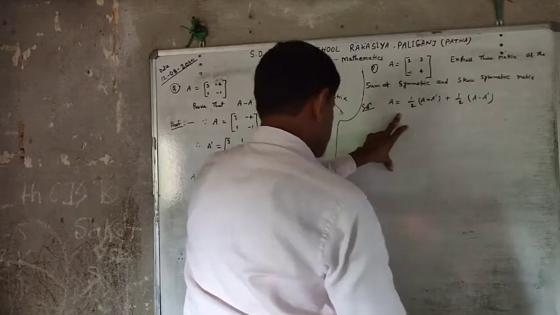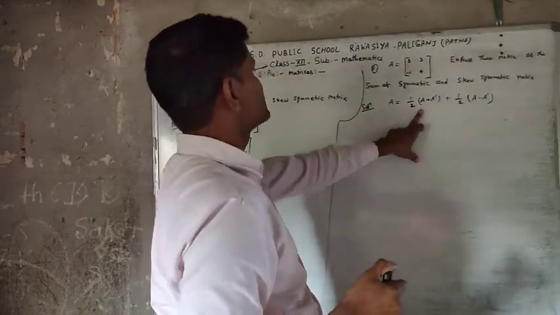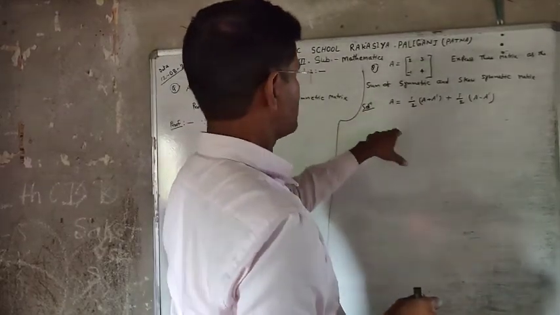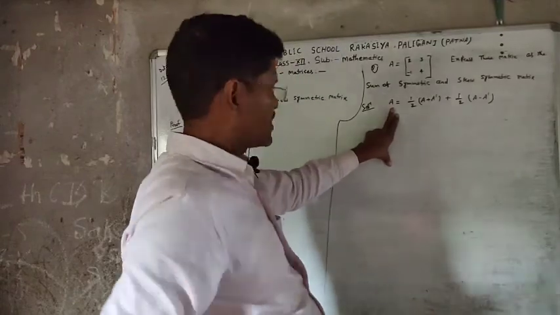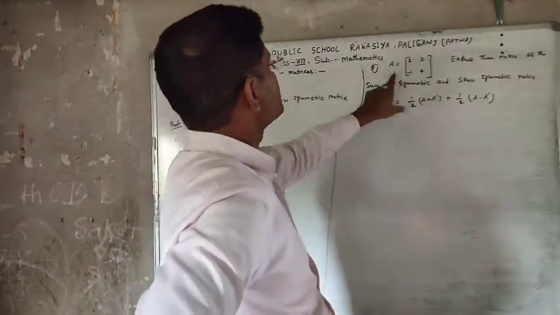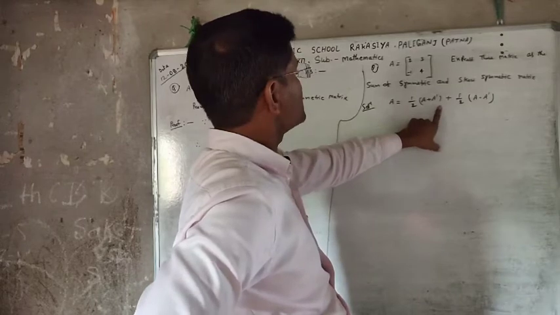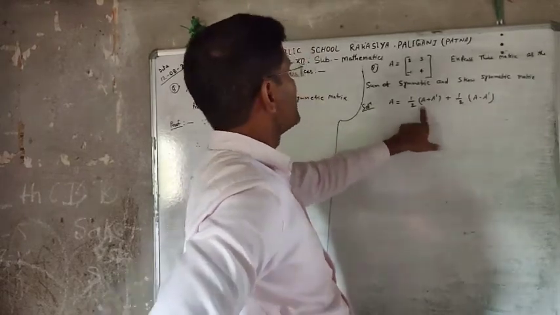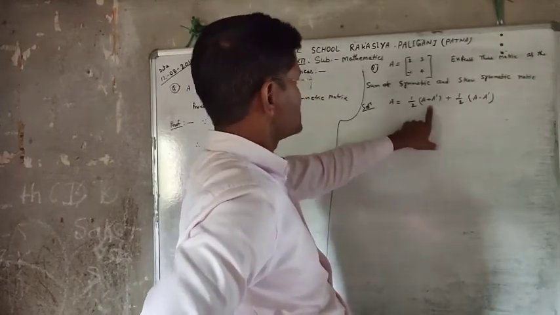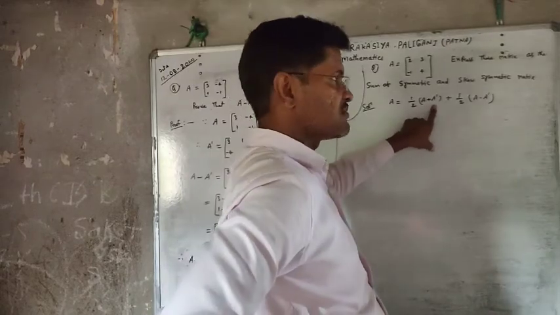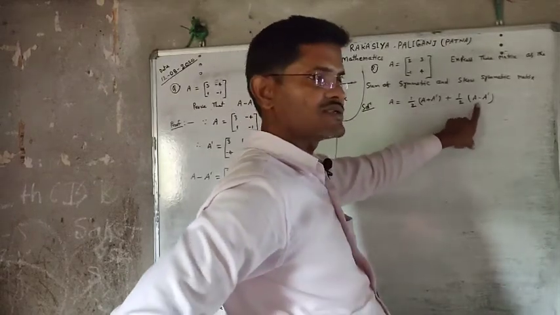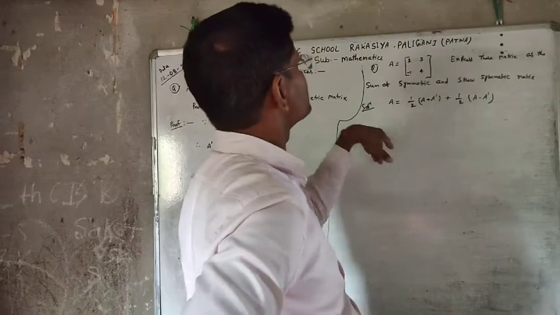We proved this in the previous theorem. So, according to this formula, matrix A can be expressed as the sum of two matrices: the first is a symmetric matrix and the second is a skew symmetric matrix.